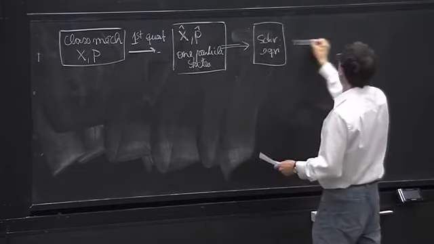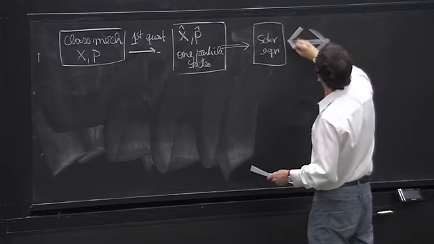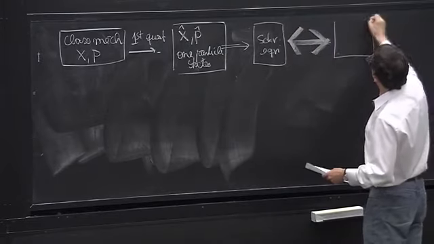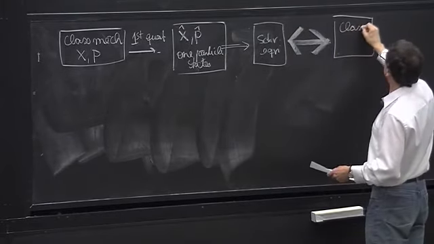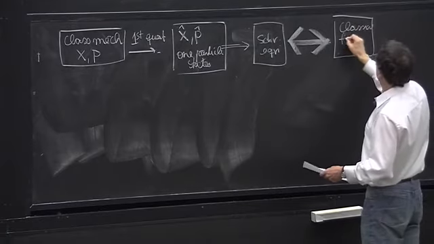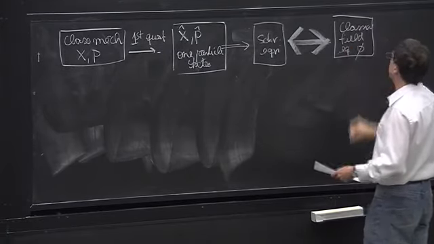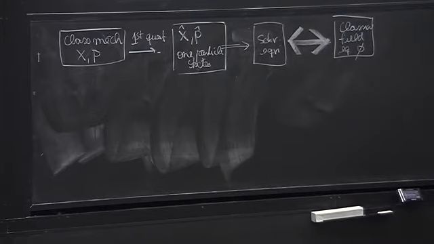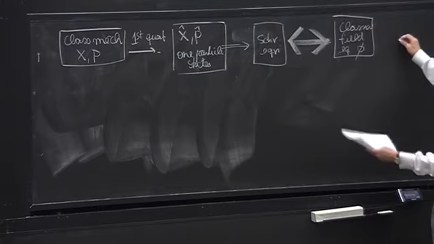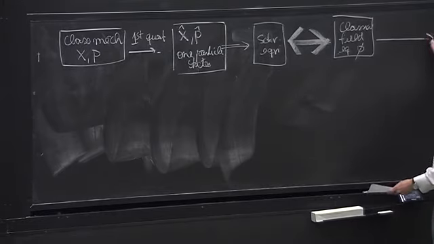And then you identify it with the classical field equation of a field, phi. And then you do second quantization.